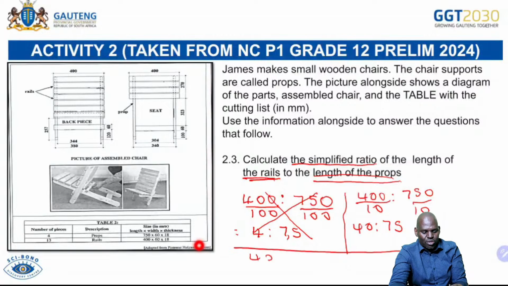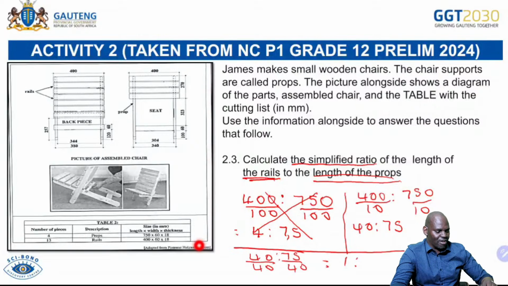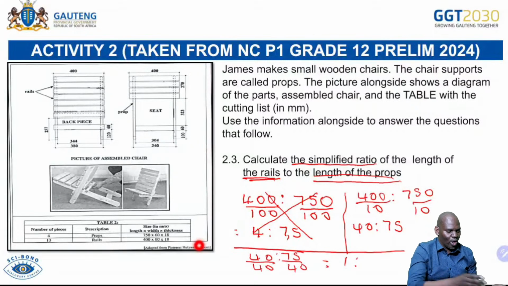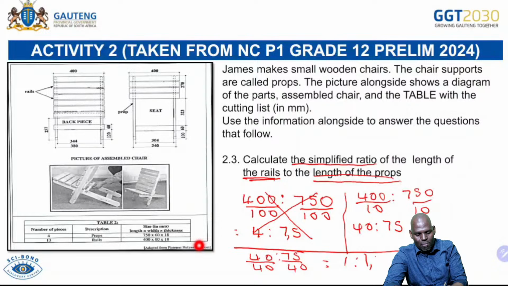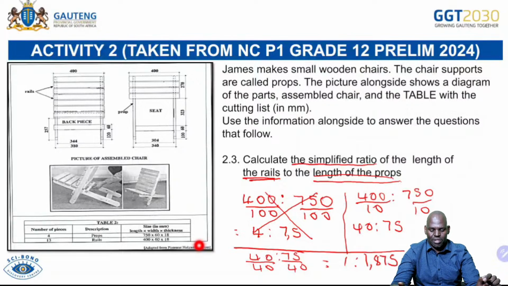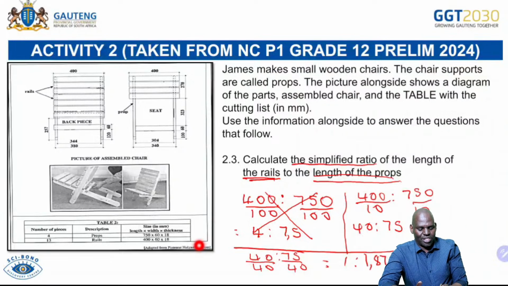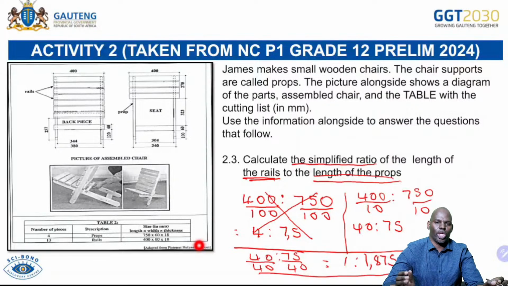Then 40 is to 75, divide by 40, divide by 40. 40 divided by 40 is 1, and 75 divided by 40 gives 1,875. So 1 is to 1,875. That is if the examiner would say a unit ratio.